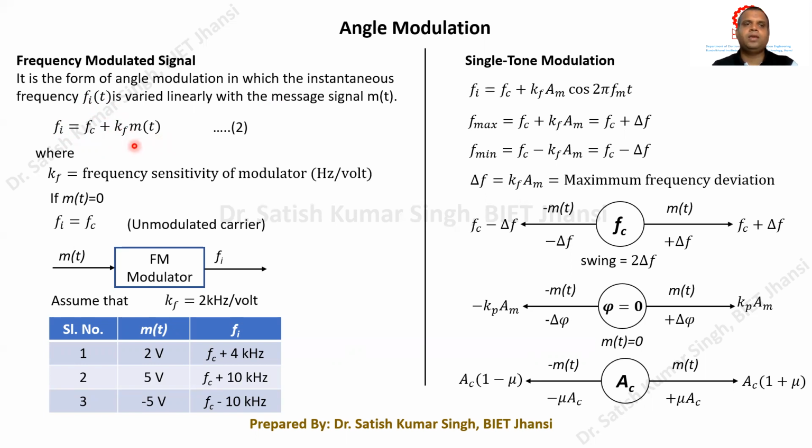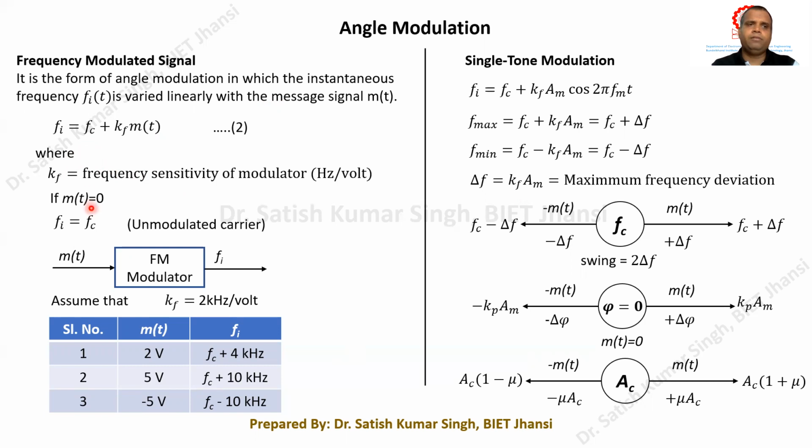Kf is the frequency sensitivity of the modulator. Its unit will be hertz per volt, assuming that m(t) is a voltage waveform.